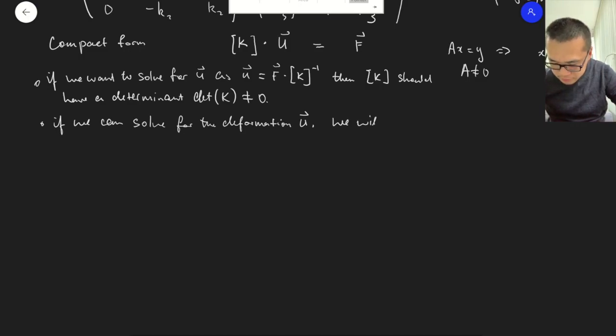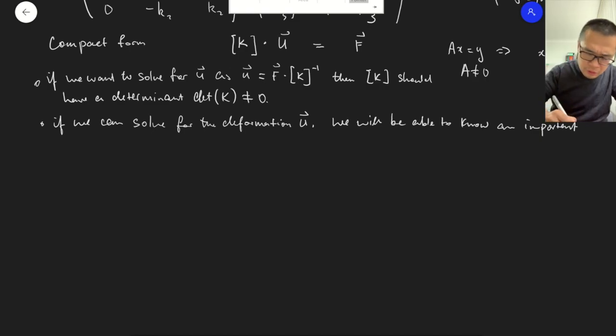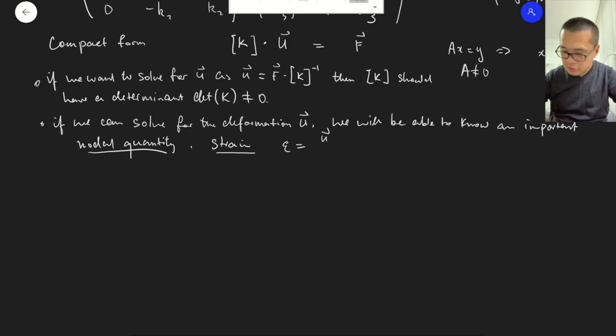We will be able to know an important nodal quantity or the physical property at the node, which is the strain, which is this epsilon equal to delta U, right?